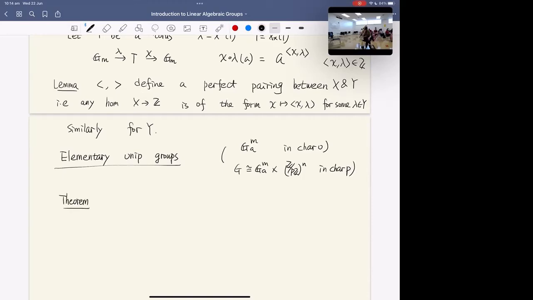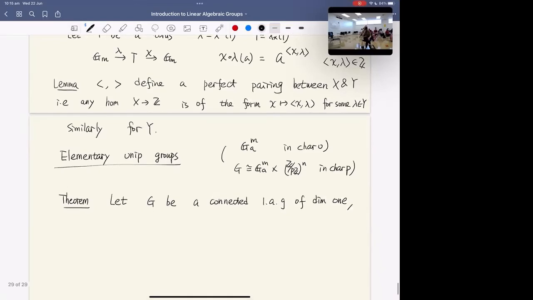I'll mention this theorem again without proving it. If G is a connected linear algebraic group of dimension 1, then G is actually either Gm or Ga.